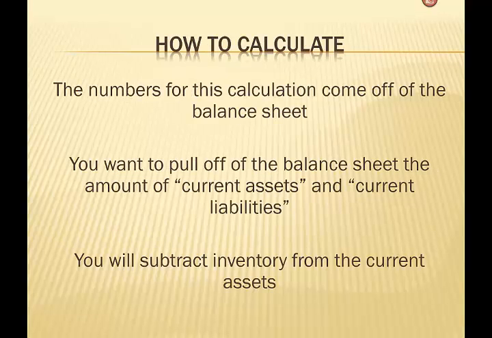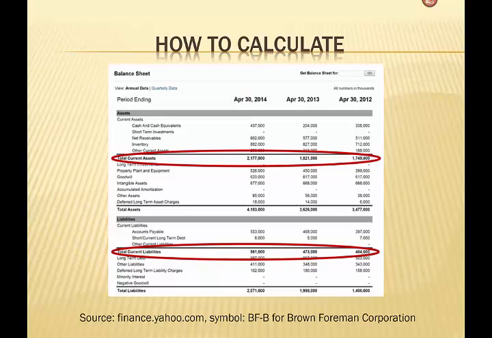So again, these numbers for this calculation come off the balance sheet. And you want to pull off, again, the current assets and the current liabilities. And you also want to pay attention to what the inventory value is within the current assets. Okay, so let's take a look at this. Again, we're looking at Brown-Forman, and we're pulling the same total current assets line.